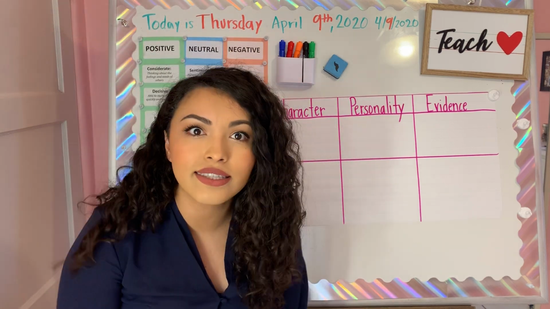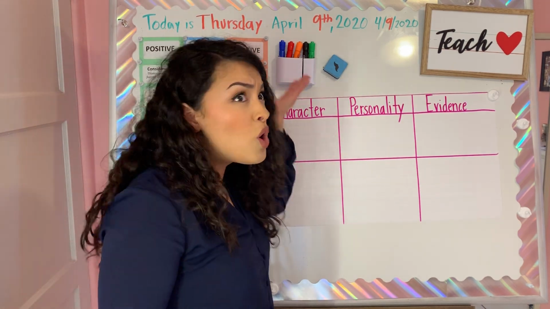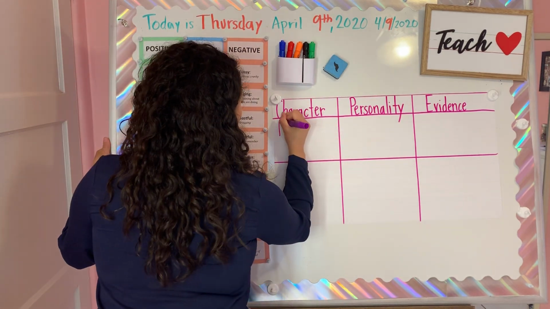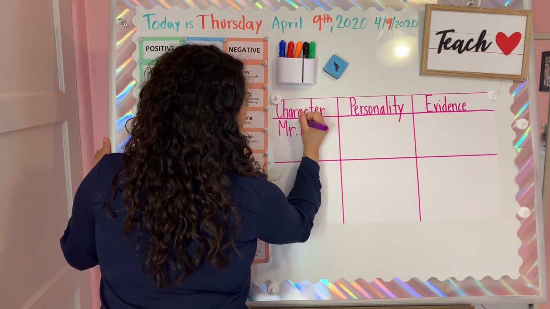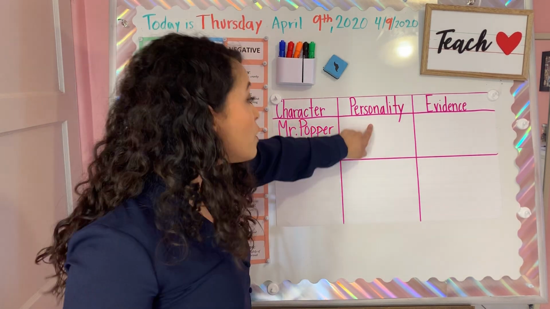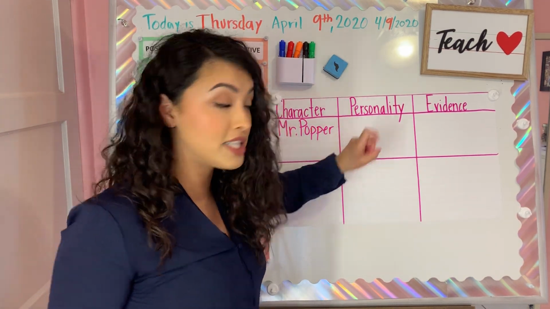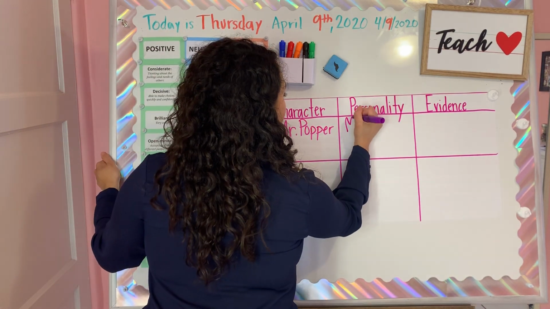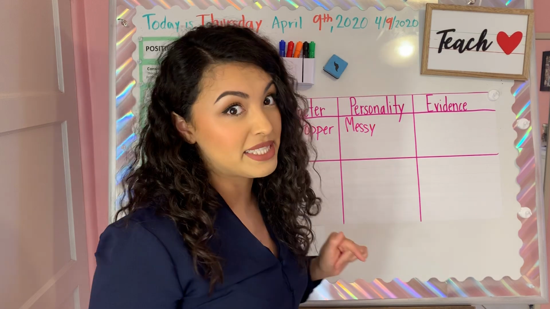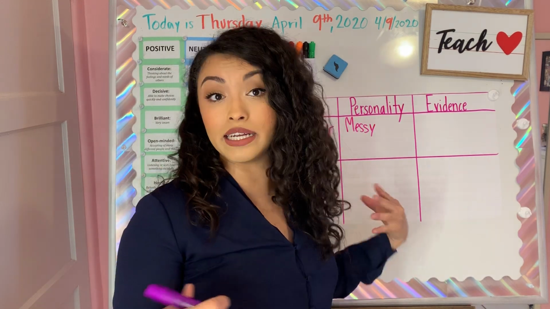Oh yes, you're right. I haven't even written who I am describing. So we are going to be describing Mr. Popper. And you were right, we will write it in under personality. So I'm going to write messy. And I know that he's messy because he had paint everywhere and in his clothes.